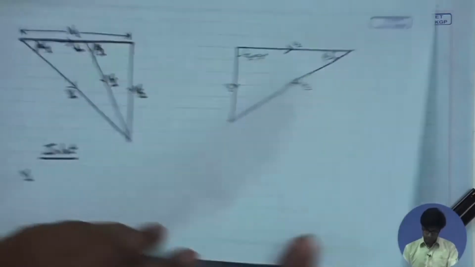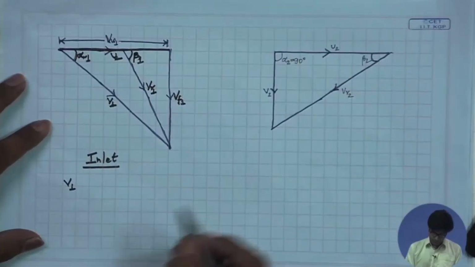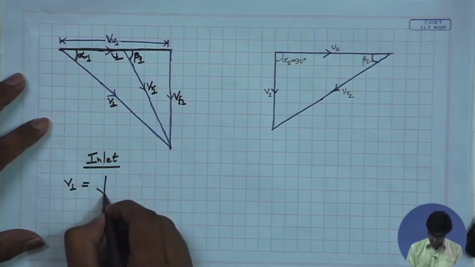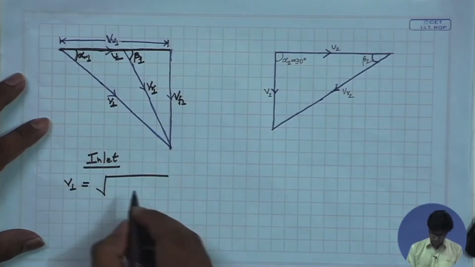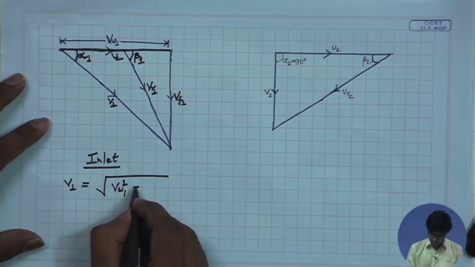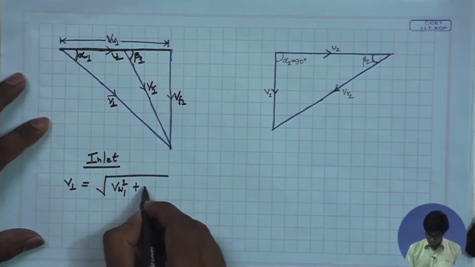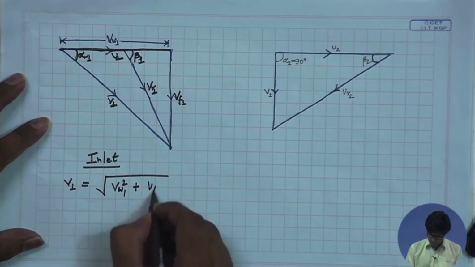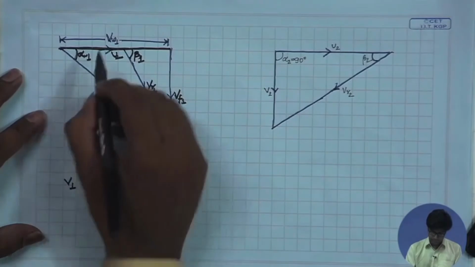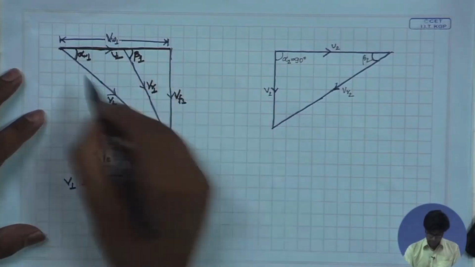From this velocity diagram, we see that the absolute velocity at the inlet is the square root of the tangential velocity at the inlet squared plus the flow velocity at the inlet squared. That is, we are applying Pythagoras theorem to this triangle.